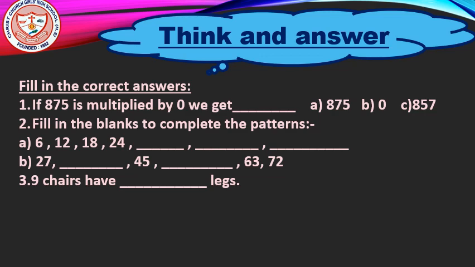Number 4. 3 sets of dash equal to 9 sets of 4. Because here 9 sets of 4 means 9 into 4. So you have to find out the answer.